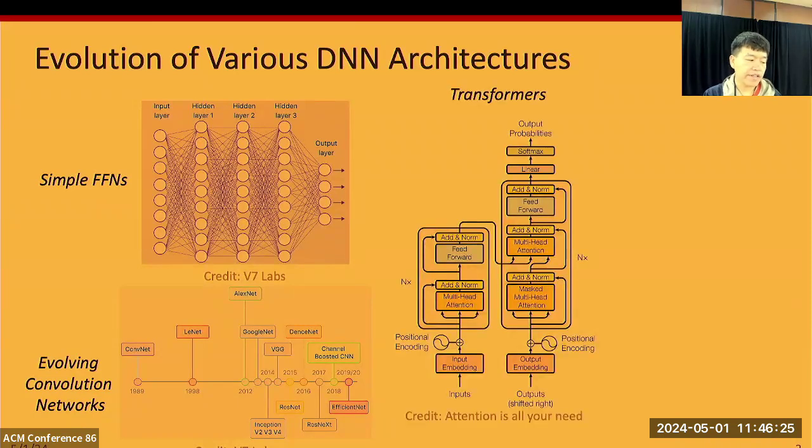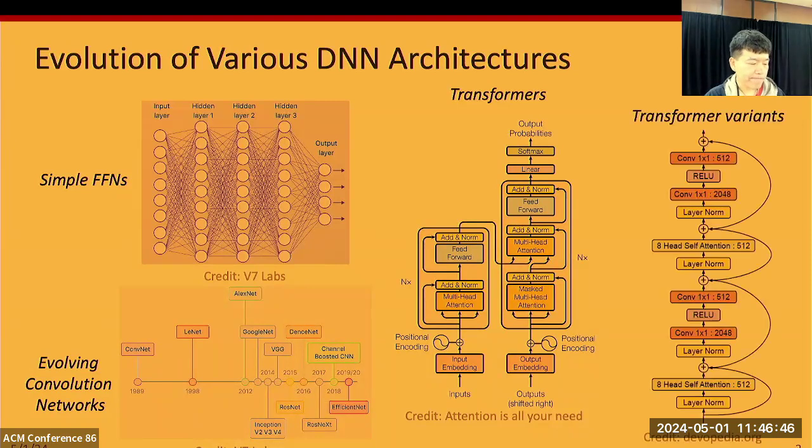And more recently, the paper Attention Is All You Need, which I think most people may have heard about, introduced the transformer, which can be used in different domains like natural language processing and even vision tasks. And more recently, there are a lot of different transformer variants.